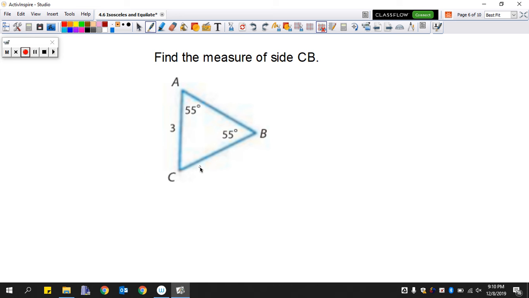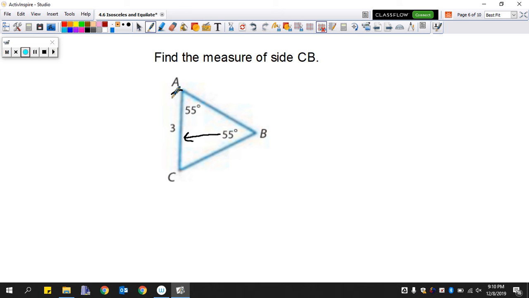All right. On this one, side CB. So we're given the measures of two angles. Remember, we know that this angle here, the side that's opposite it, is side AC right here.